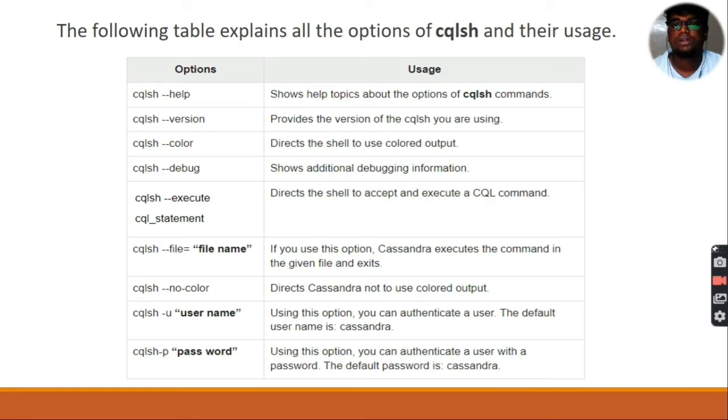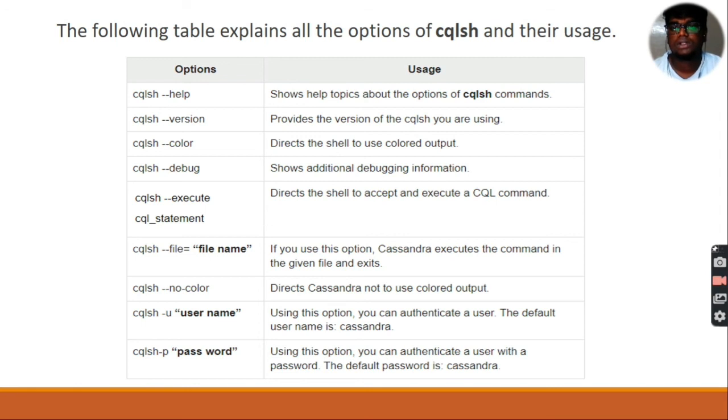The following table explains all the options of CQLSH and their usage. First column is options, and second column is usage. You can see help, version, color, debug, execute, file name, no color, username, password.